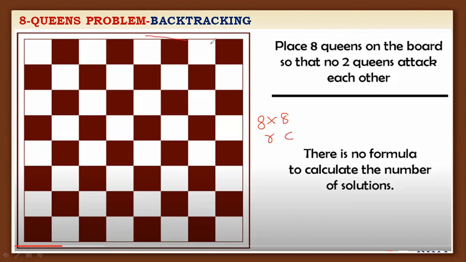So these are all the 8 rows and these are all the columns. Totally 8 rows and 8 columns.